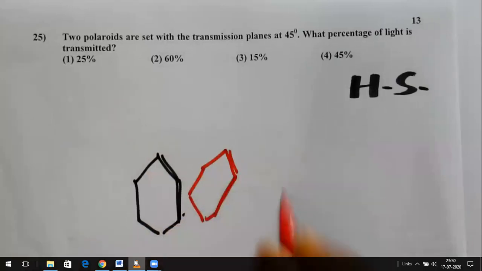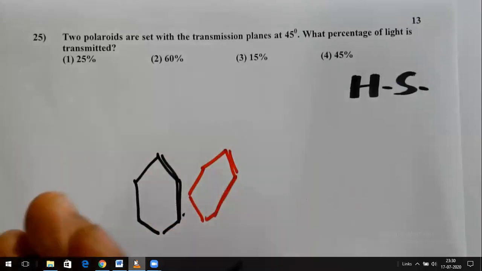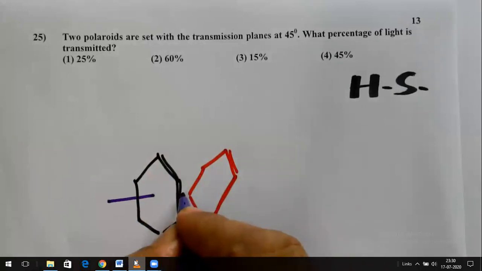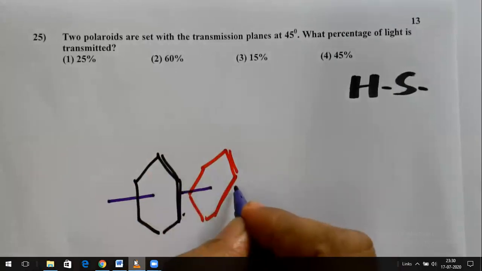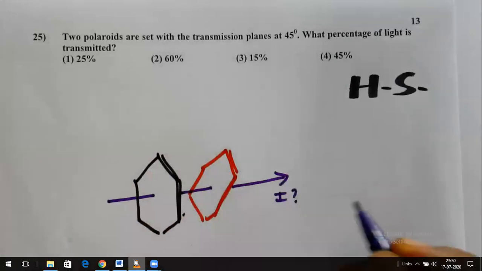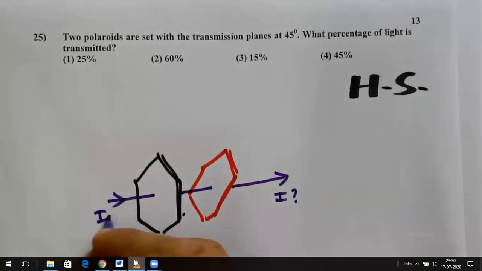When light that is unpolarized is incident on the first Polaroid, it gets polarized and its axis of vibration will be in some plane, and it will be incident on the second Polaroid, and then finally it comes out. So what is its intensity here compared to the original intensity I naught?